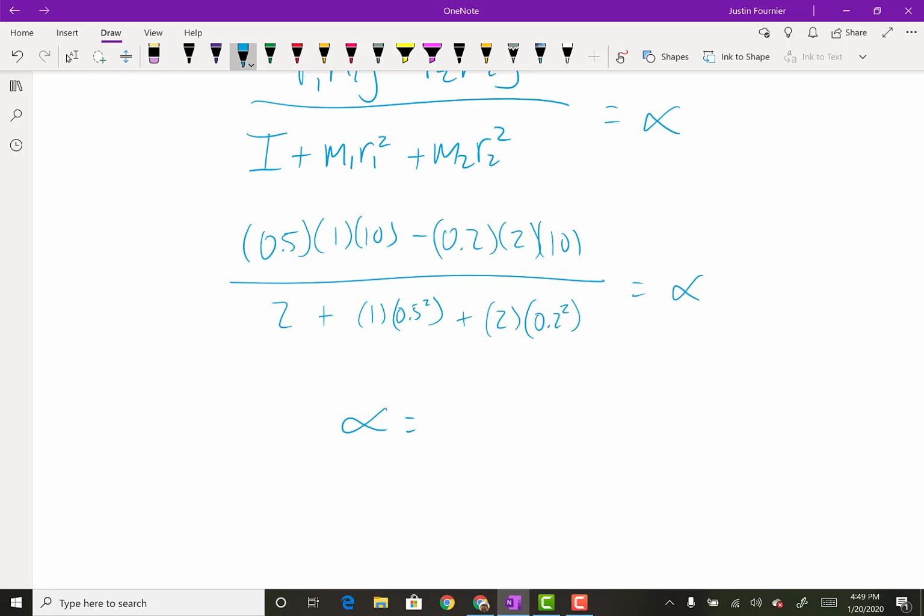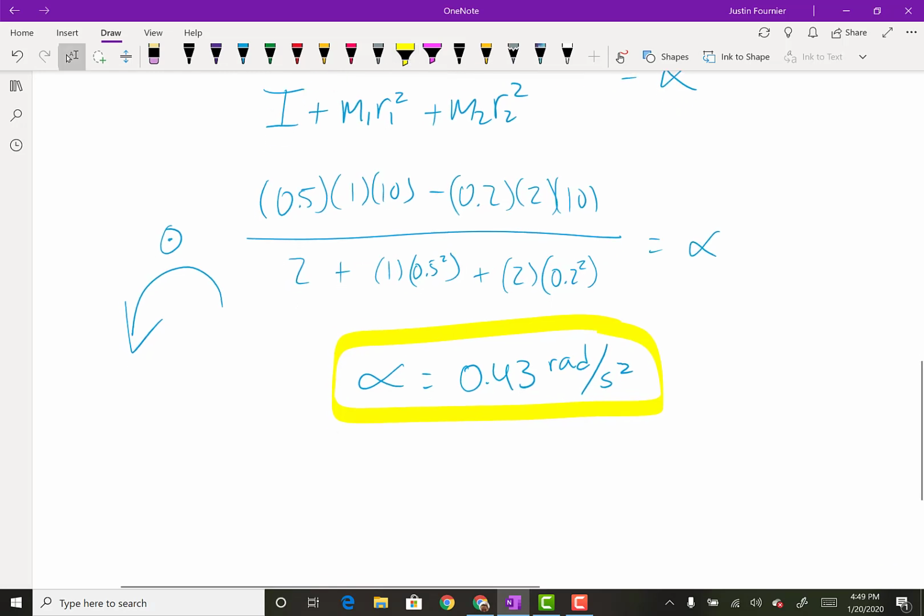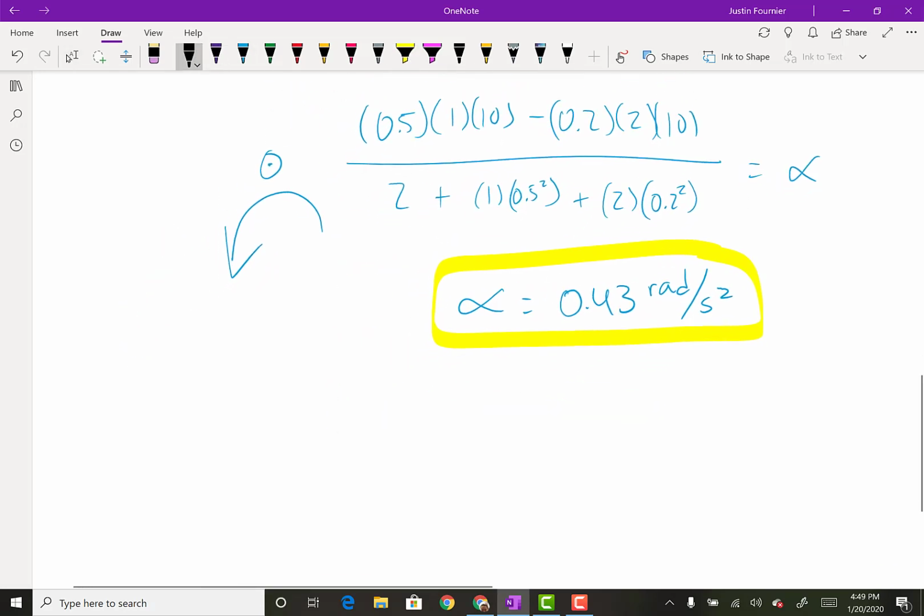I'm getting 0.43, and it is positive. That means it is in fact accelerating like this, so it's accelerating out of the page in the positive direction. That would be radians per second squared. That's the angular acceleration of my system. So that's part A.